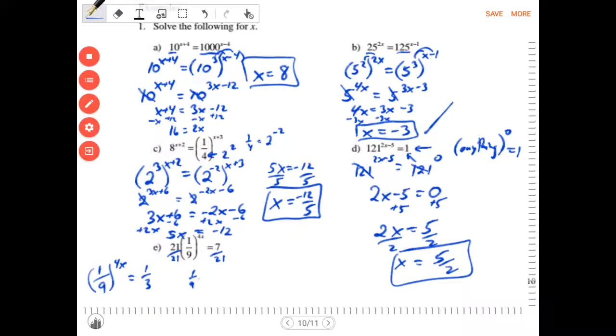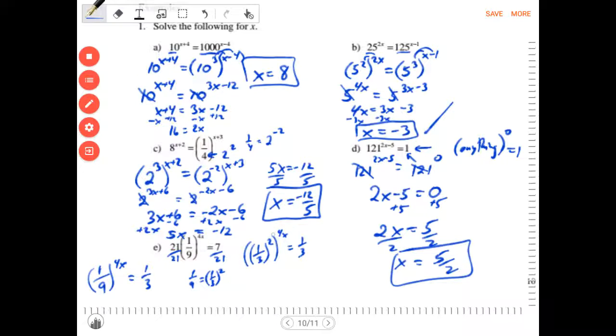So 1 over 9 is the same as 1 over 3 squared. So now this gets to be 1 over 3 squared to the 4x equals just 1/3. Well, that's nice.